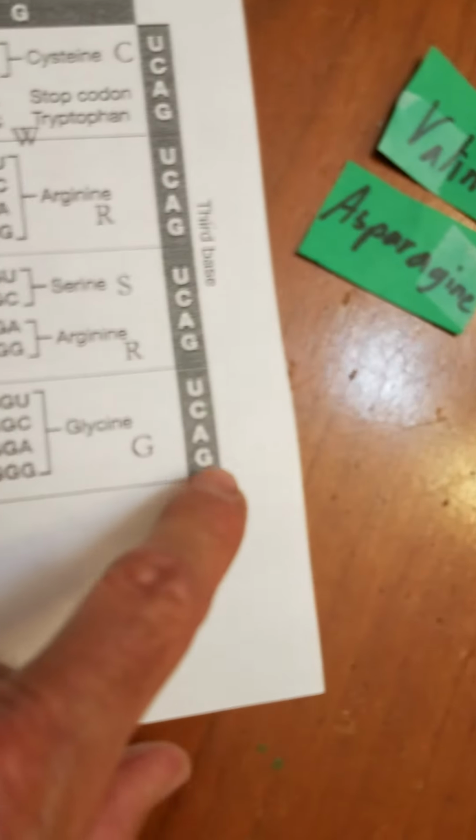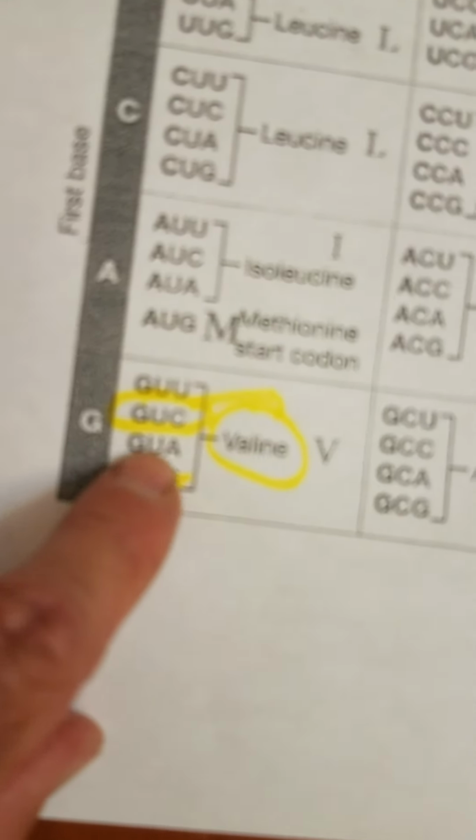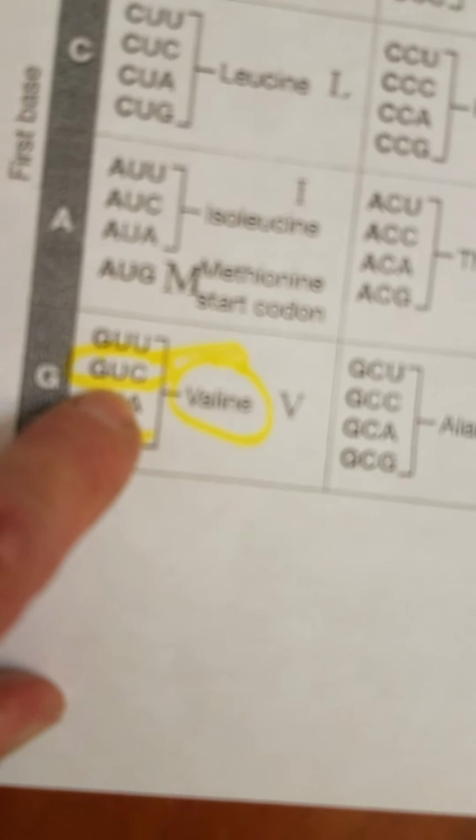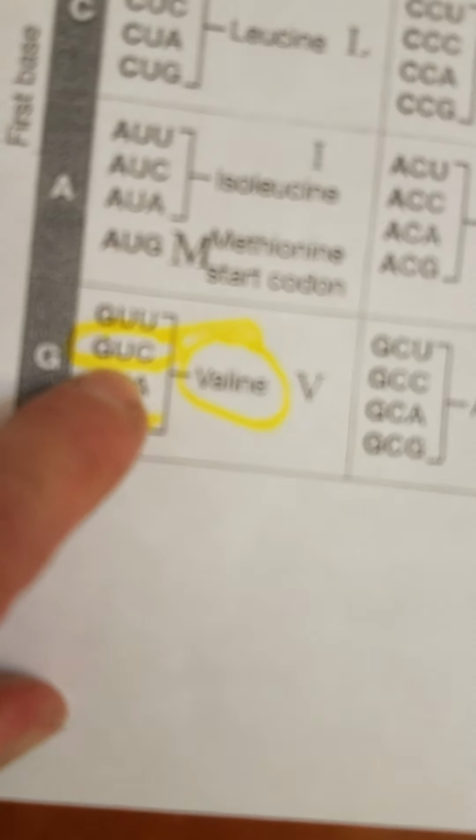So after it reads GUC, we see the first letter was G, the second one was U, the third one was C. We find this box, GUC. It is another codon that goes with the amino acid valine. There can be more than one codon for an amino acid.